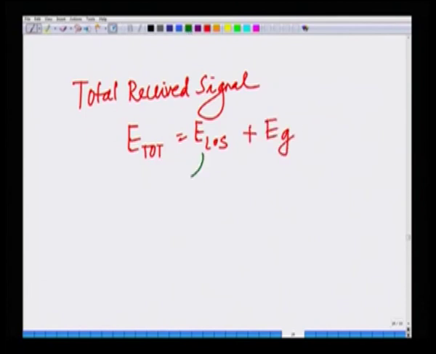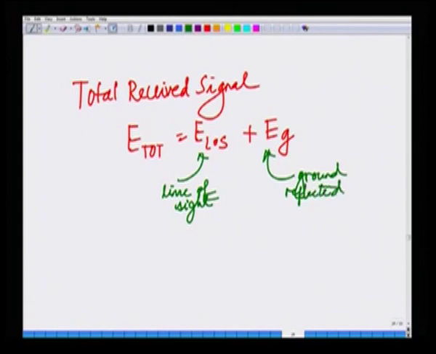This is from the line of sight path, and this is from the ground reflected path.